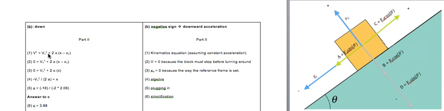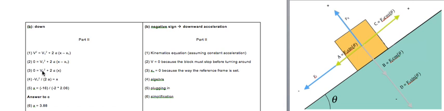Now we can plug in 0 for the final velocity because we're looking for the point at which the block stops before turning around, or before moving backwards or just staying still. And we say that the block has an initial position of 0 because that makes our calculations easier.